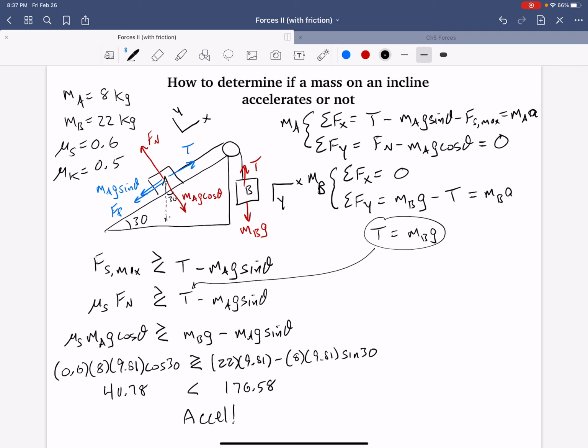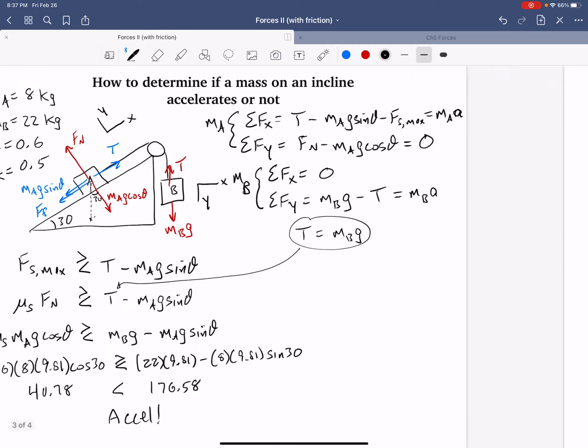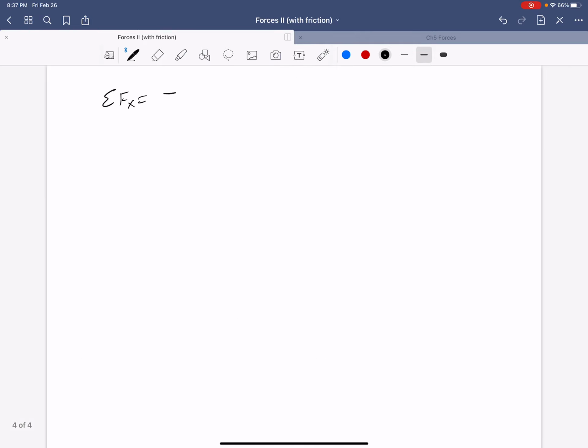Okay? Now that we know that, we can go back and tweak our second law equation right there, right? Namely that term. So I'm going to do that on the next slide. So Fx was tension minus mag sine theta.